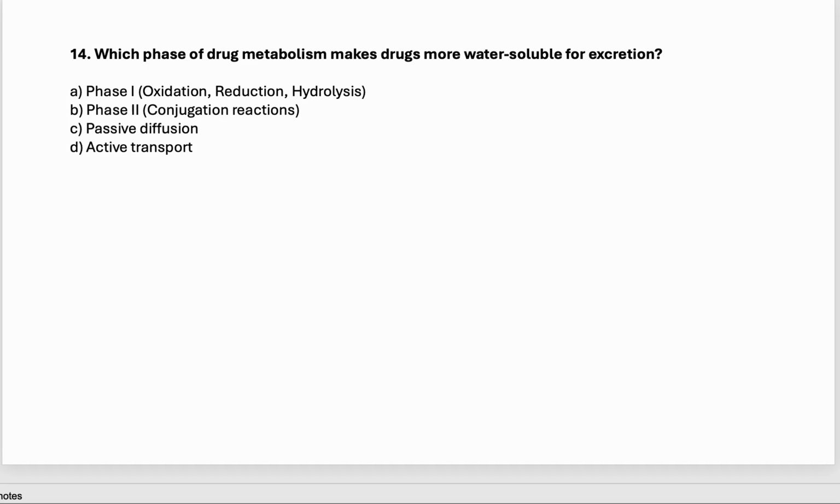But when we talk exclusively in terms of excretion, as it's written there, conjugation happens mostly through sulfation, acetylation, and methylation, so that the final product is more easily excreted. So when the question specifies more soluble for excretion, try to take B.